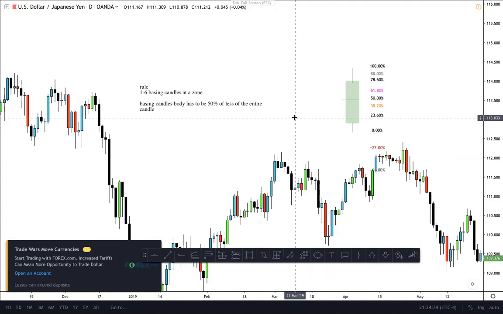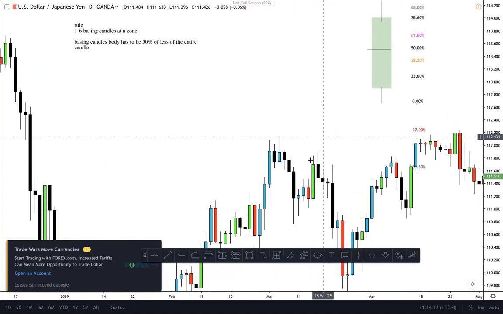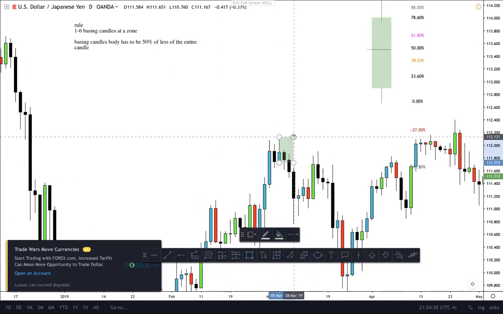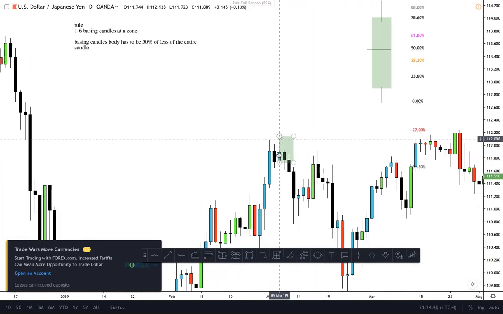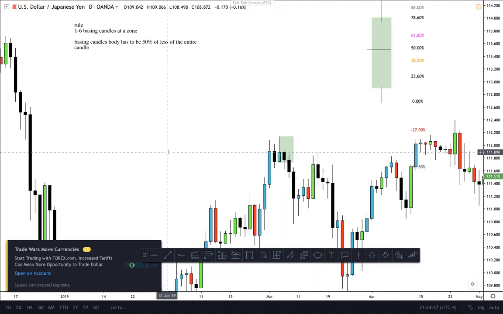For it to be considered a basing candle, the body has to be less than 50%. For this candle right here, if you measure it out, the wick is more than 50% of the candle, so the body is obviously less than 50% of the candle.